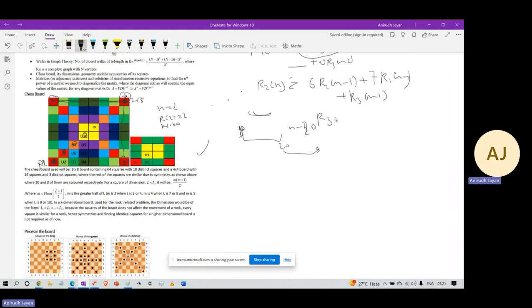And R3 of n, well, the number of ways to move from H8 to H8, it must move back. So it's simply 14 times R2 n minus 1.